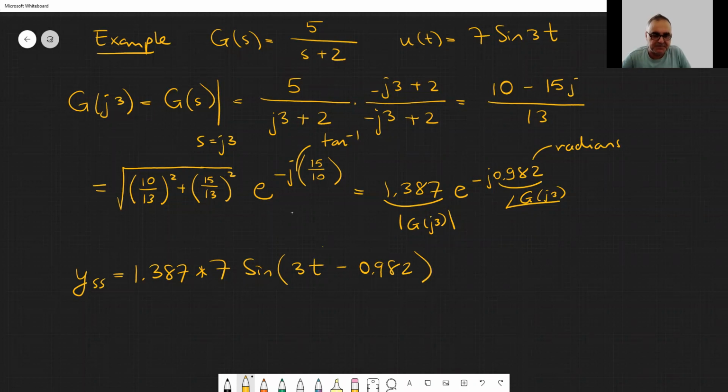Okay, or you can write this as 9.709 sine 3t minus, well, you can keep it like this, or you can convert it to degrees if you like, 56.3 degrees. Okay.